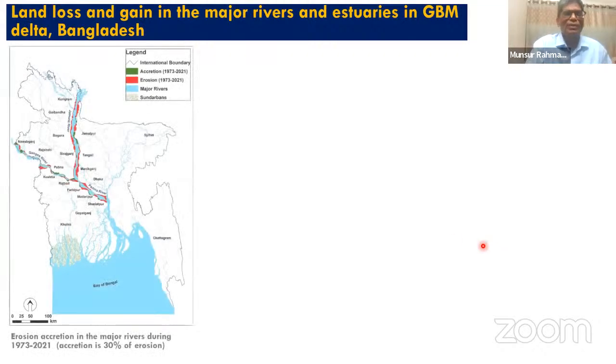So first of all, if we look at the land loss, that is the erosion, then we have the major systems like the Ganges, the Brahmaputra, the Lower Meghna, and the Meghna, and this is the Padma. Land loss is indicated by the red color and gain by the green color.